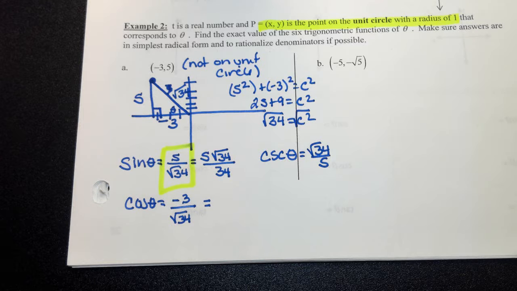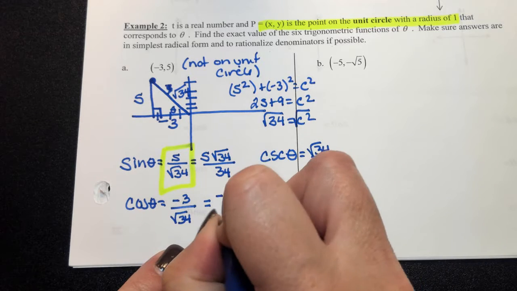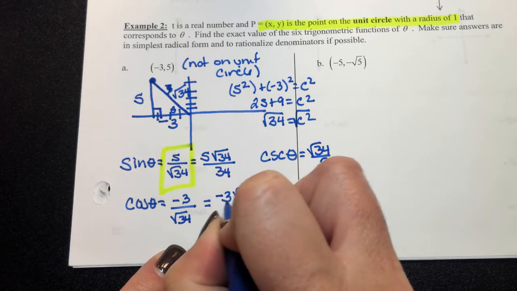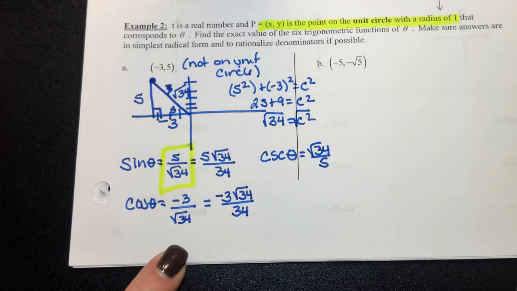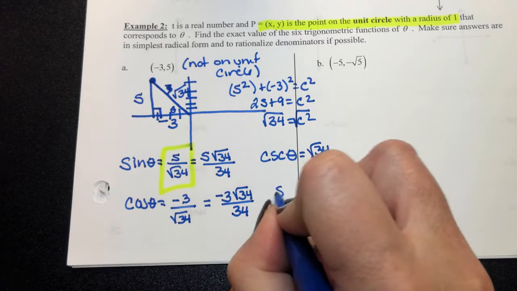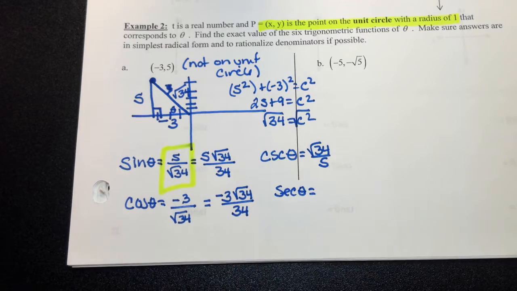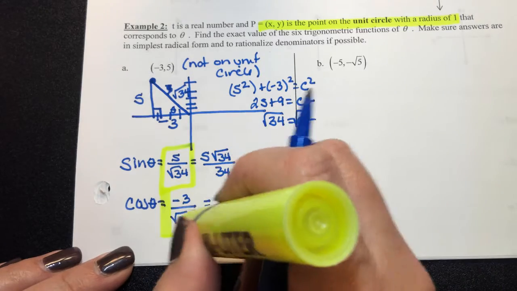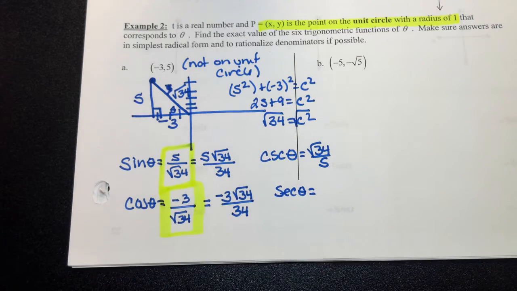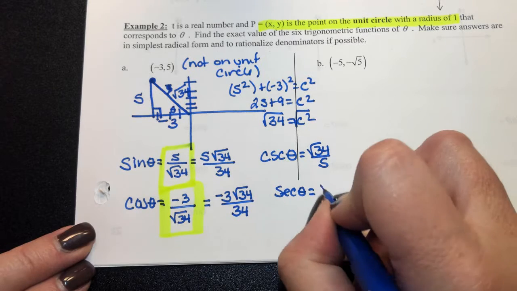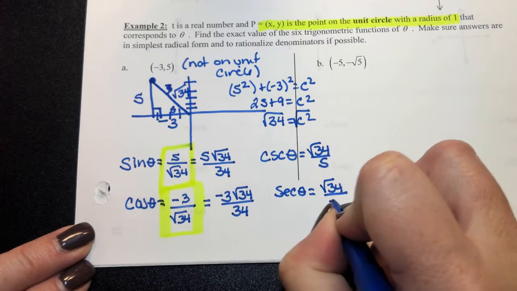So if it's -3 over square root 34, what is this going to be rationalized? -3 square root 34 over 34. And immediately I'll go ahead and do the secant of theta. Like I just did with the sine, you rationalize the denominator, but use the fraction before you rationalized it. So what's the secant of theta going to be? Square root 34 over -3.